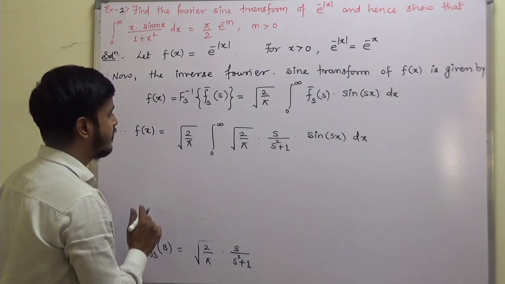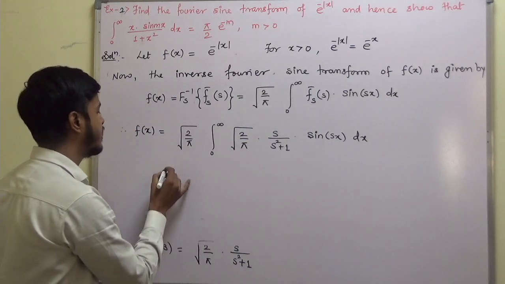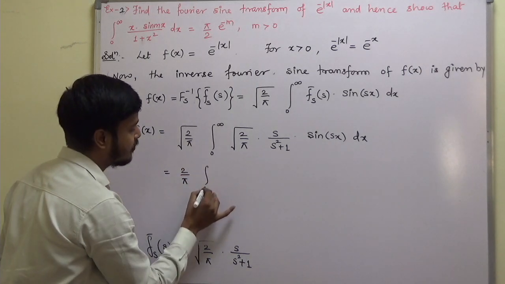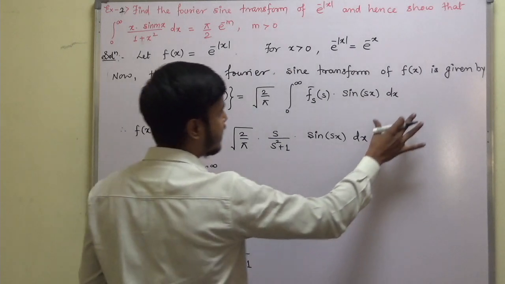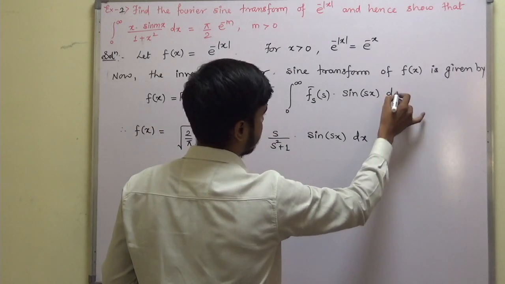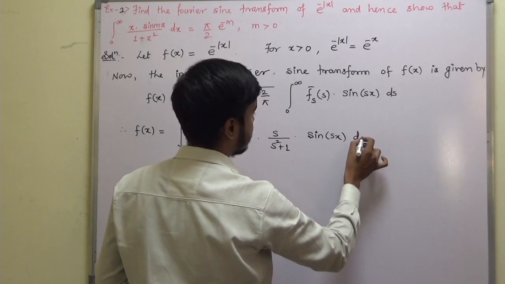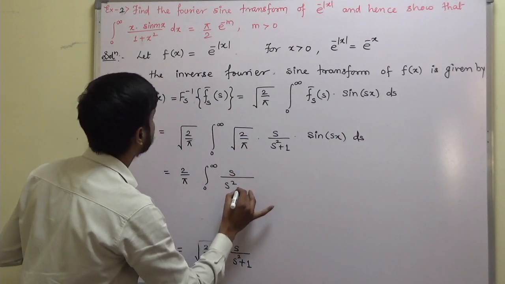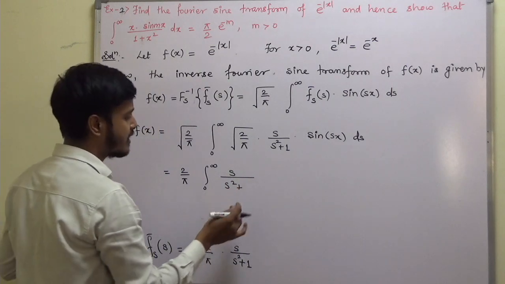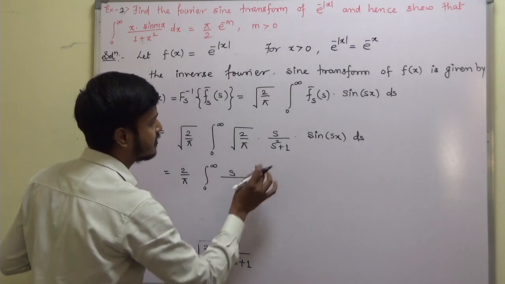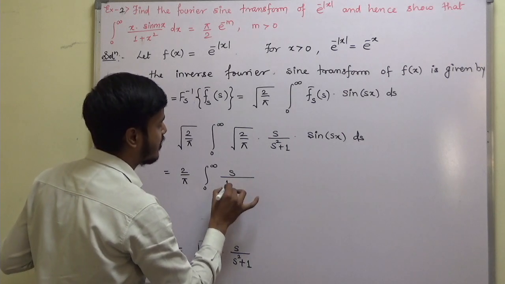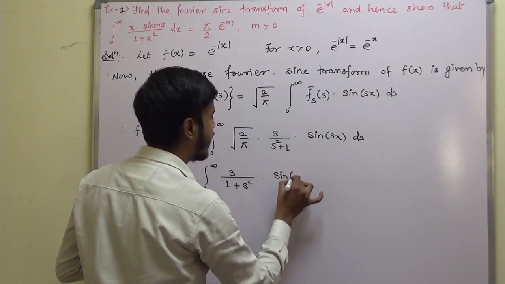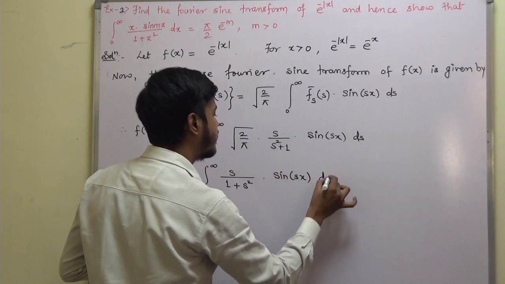Okay, now this is all done. Now this root 2 by pi times root 2 by pi can be taken outside, so this is 2 by pi, and we remain with integration 0 to infinity, s upon s square plus 1, or 1 plus s square, whatever you can write, into sine sx ds.